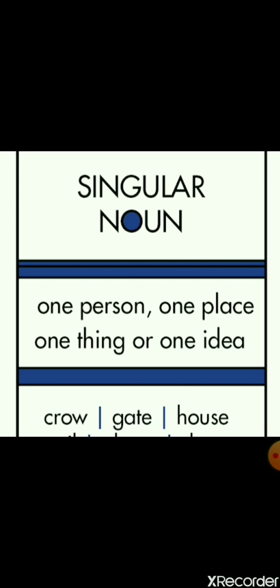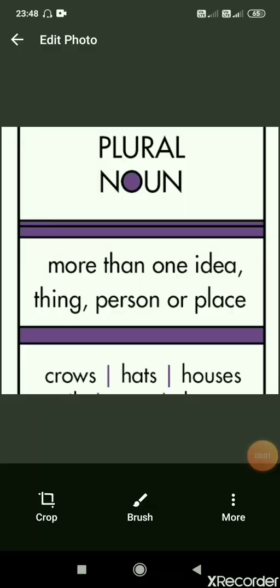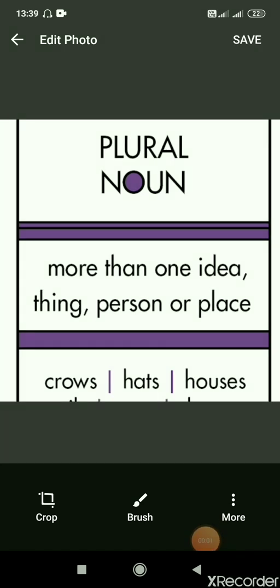For example, crow, gate, house. And when we talk about more than one person, place, animal or thing, we call it plural noun. For example, crows, hats, houses, etc.